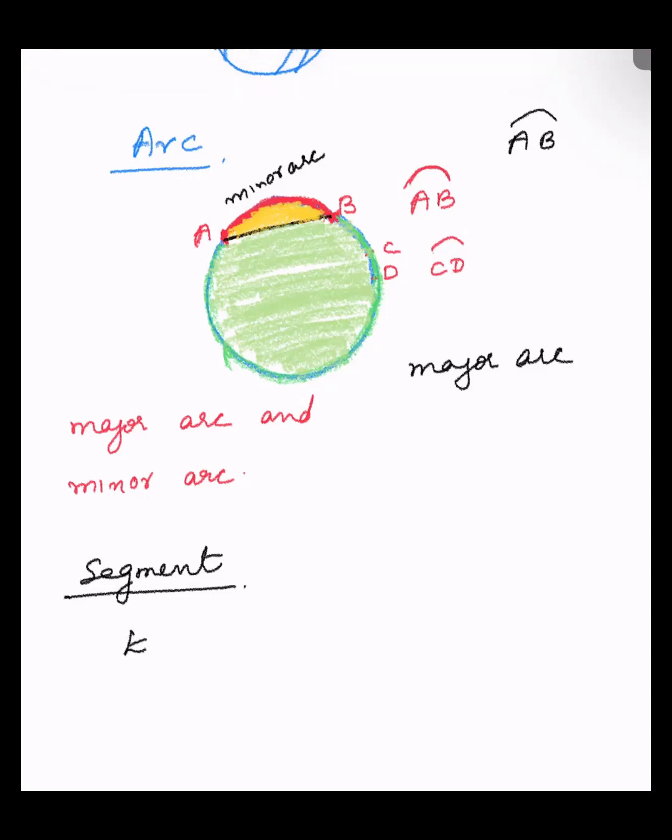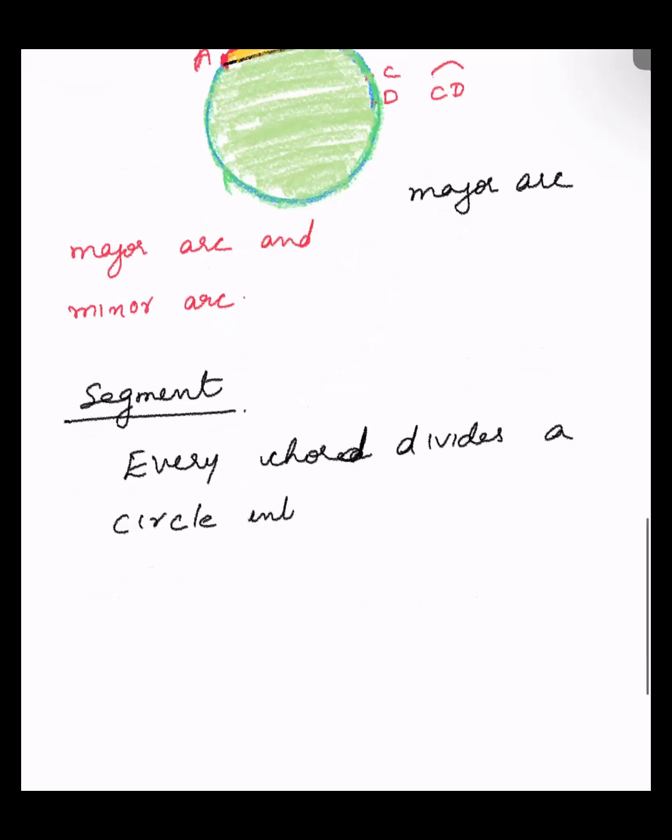So the point is, every chord divides a circle into two parts, and they are called segments. So this is the first segment, this is the second segment.